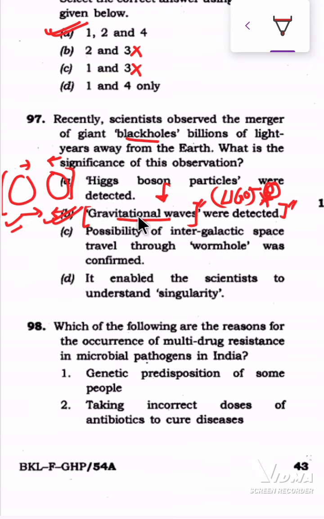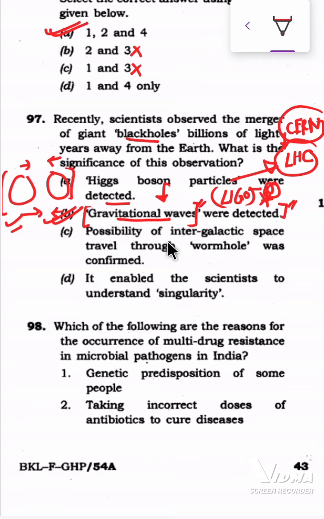We can also read the other options. Higgs boson particles were detected. No, it's not right. Higgs boson particles were detected in the experiment done at the CERN Large Hadron Collider, where CERN conducts experiments to understand what kind of particles emerge when two highly charged particles collide with each other, which scientists called the God particle.